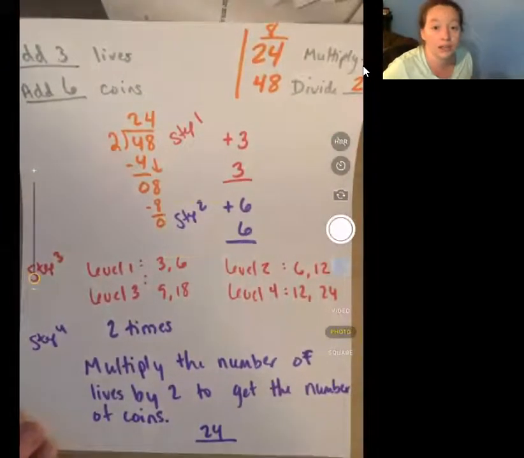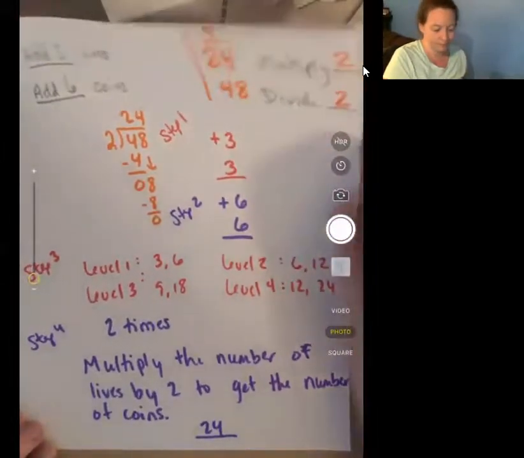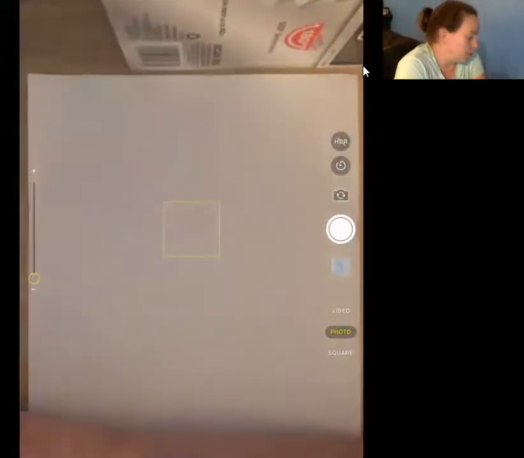I am moving on to 409, the share and show. Use the given rules to complete each sequence and then complete the rule which describes how the nickels are related to the dimes.